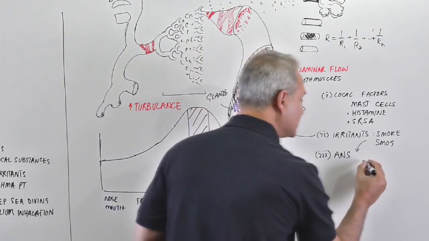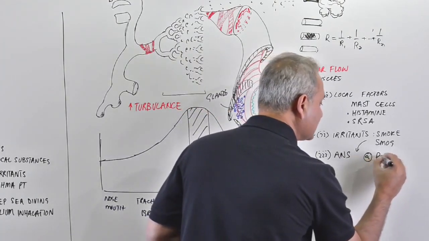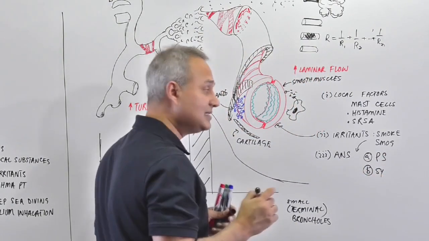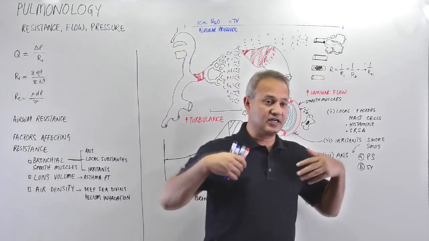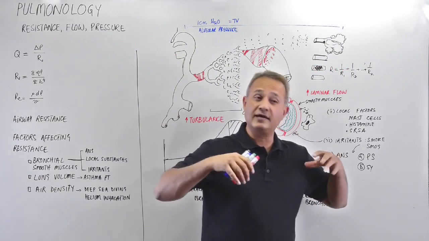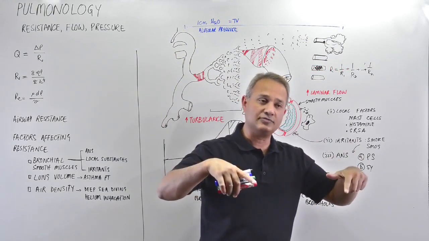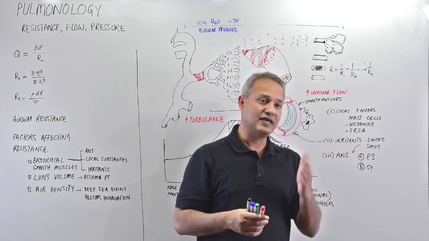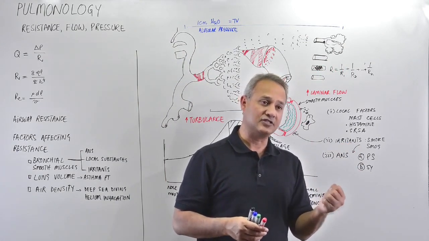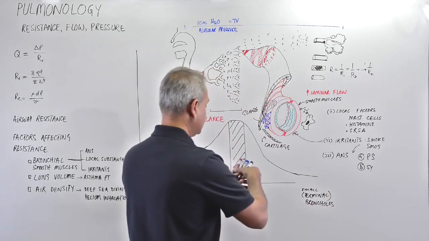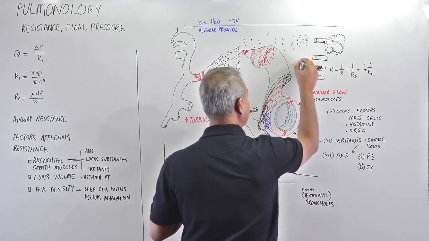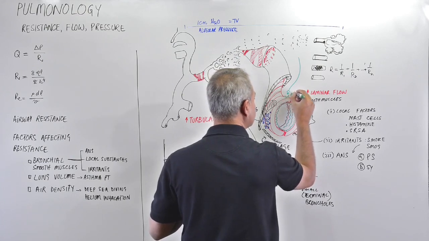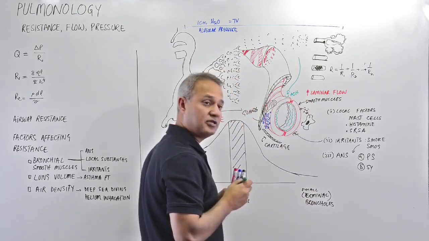The autonomic nervous system of course has two parts, parasympathetic and sympathetic, right? In the parasympathetic, the vagus nerve gives off nerves that penetrate the parenchyma and reach the bronchial muscles and supply them. Very sparse, very few. However, acetylcholine, when it is released from the vagus nerve, what will it cause? It will cause constriction of the smooth muscles.